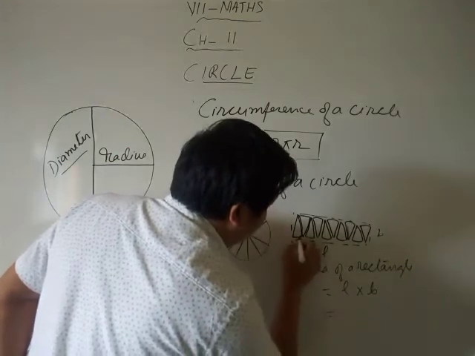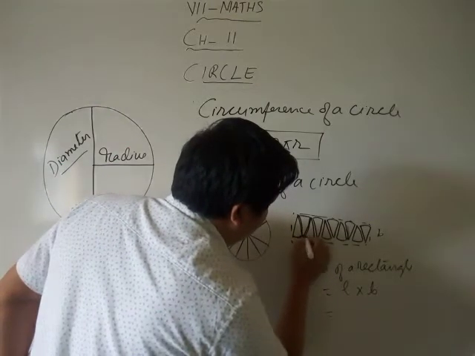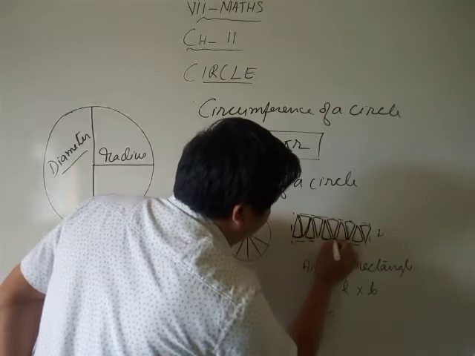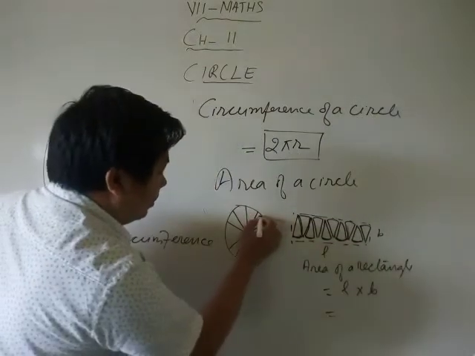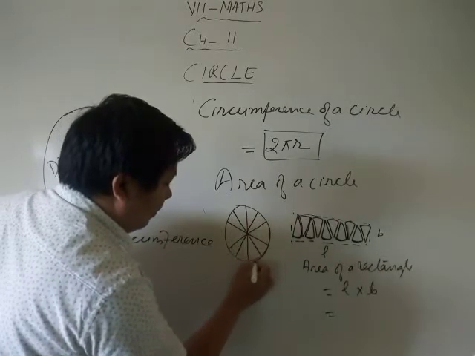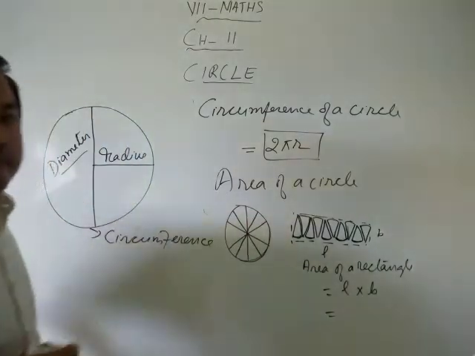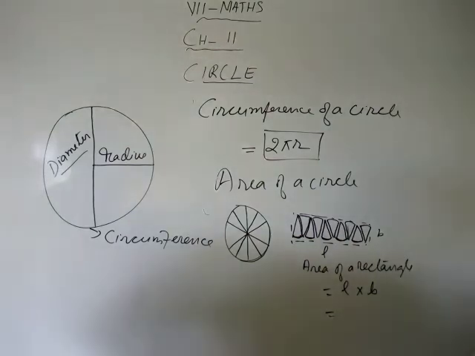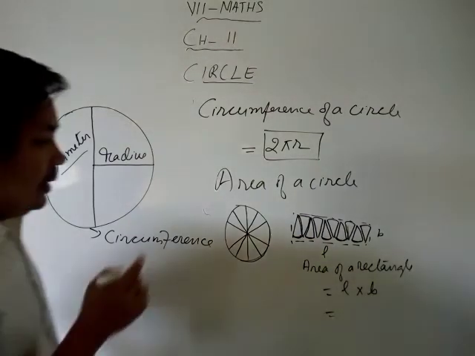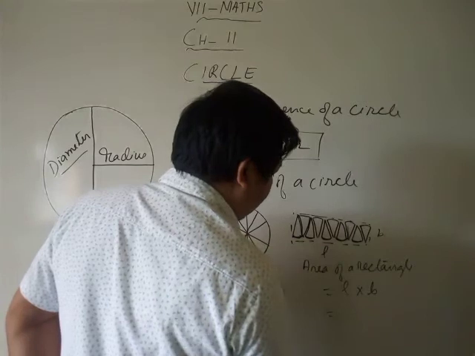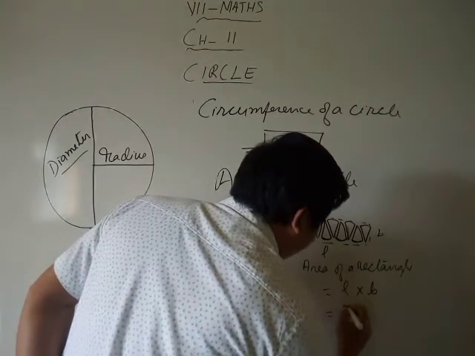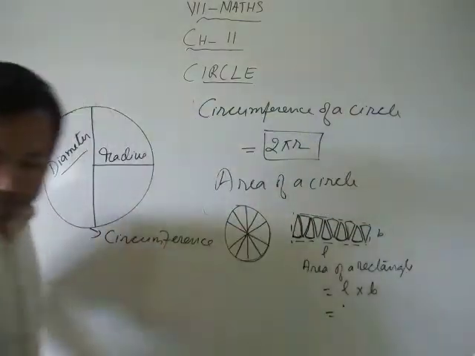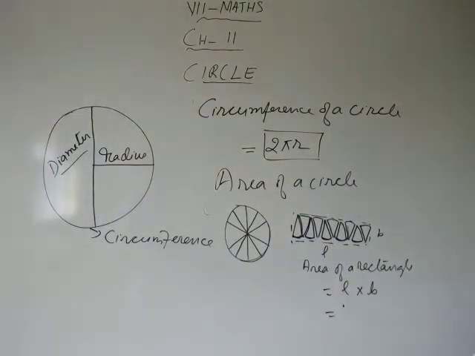Length, you see this whole part, here, then here, and this part. This is the circumference of the circle, isn't it? So this length L is half of the circumference.